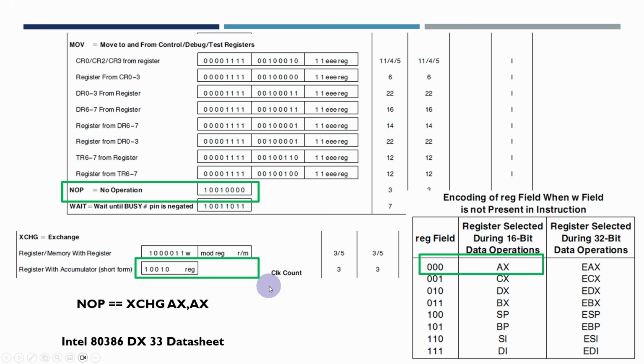So in actual fact, the no operation code is exchange AX with AX. It obviously doesn't achieve anything, and that is the instruction which is actually being executed when we put no operation in an assembler. What it's using is exchange AX with AX.